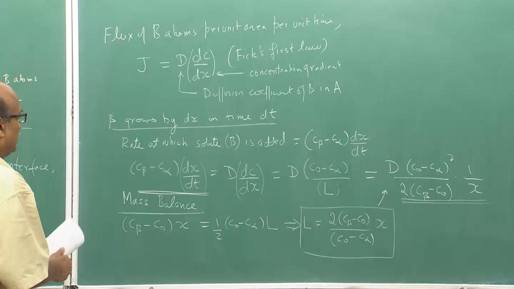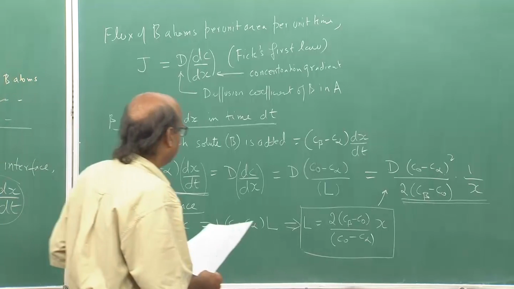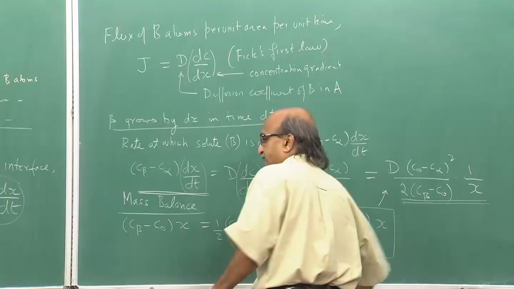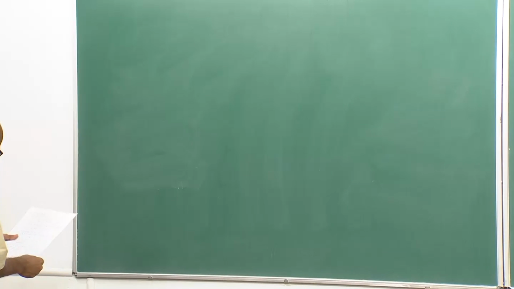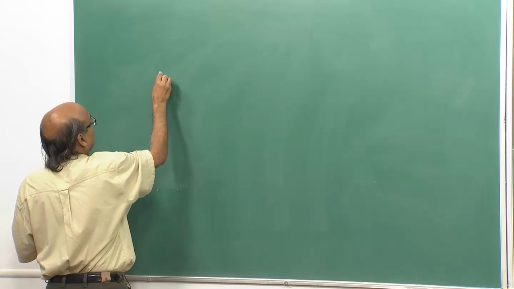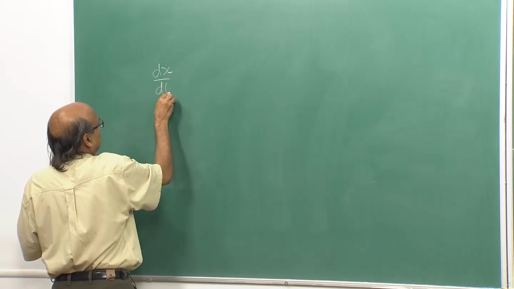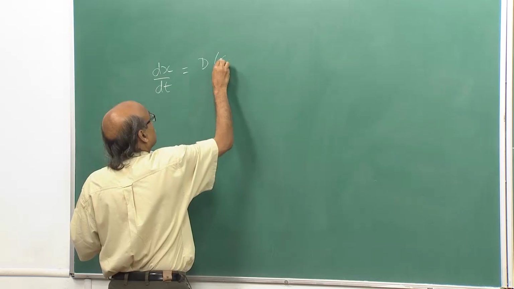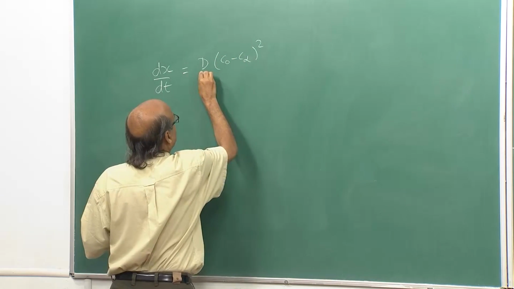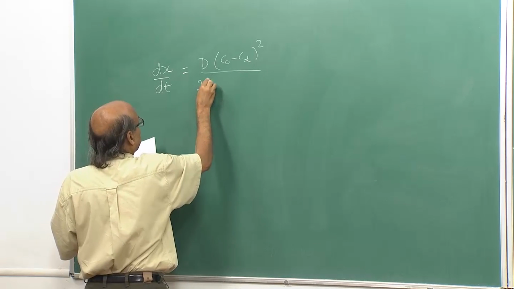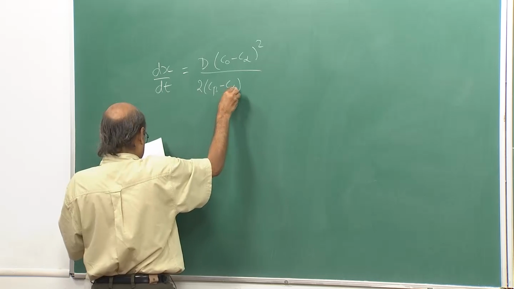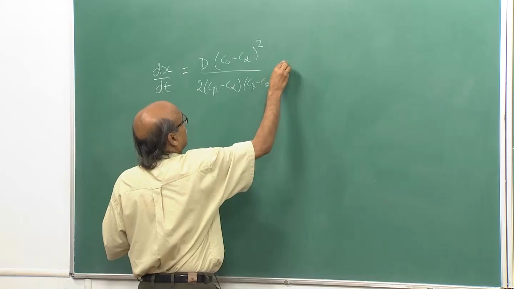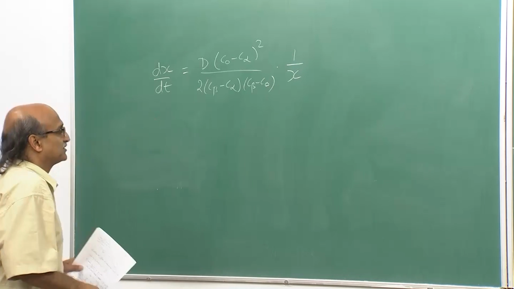Now, this in fact is a fairly easy quantity to solve. It is a very simple differential equation. So, let me rewrite this as dx by dt equals D times (C naught minus C alpha) squared upon 2 times (C beta minus C alpha) times (C beta minus C naught) times 1 upon x.